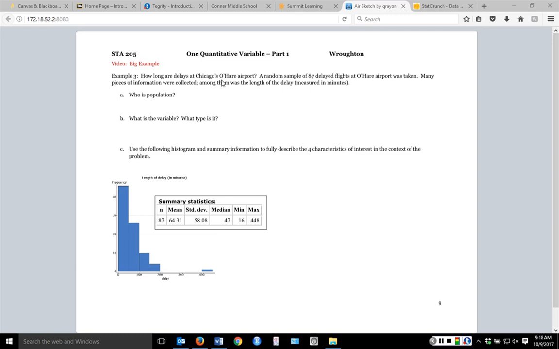Well, what things are we collecting there? Well, we're looking at the length of the delay on what? On just delayed flights, not all flights, only those that are delayed. So our population is going to be delayed flights at this airport.